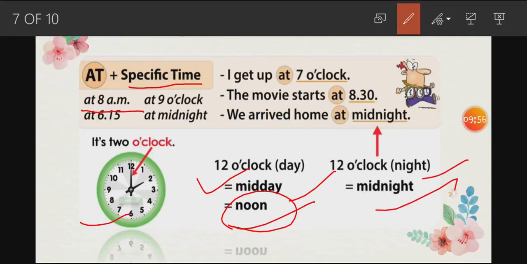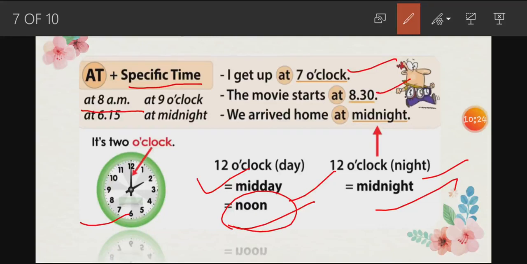Let's go to the example. I get up at 7 o'clock. We write o'clock in that situation, when it's exactly 7, not 7:01, 7:05 or 7:30. No, it's exactly 7. At that time we write o'clock. Now, the movie starts at 8:30.